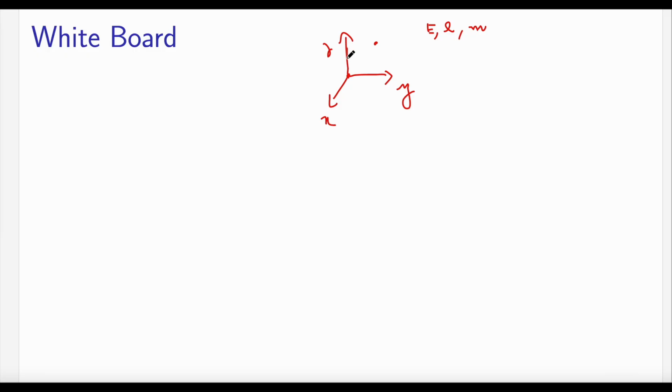So these three are all observables. We can observe them in an experiment, and they all have definite values.